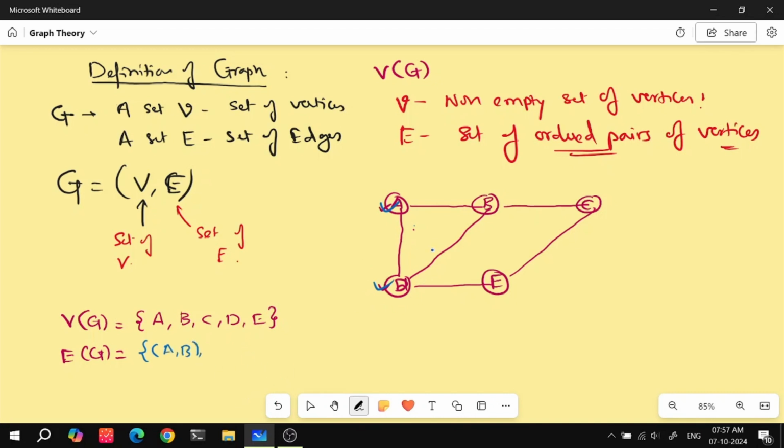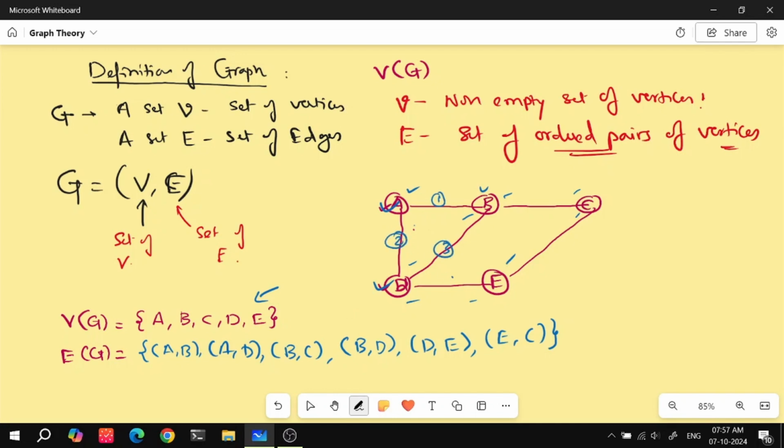Then there is an edge from A to D. Then if you go next, it is B to C. Again from B to D, and then D to E, and then A to C, and E. And now you see that there are 5 vertices in the graph, and there are 1, 2, 3, 4, 5, 6 edges in the graph.